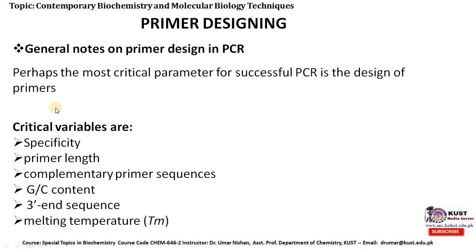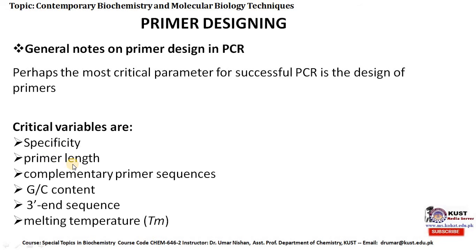This is very true, because if primer design is not according to the protocol, it can lead to the failure of the PCR reaction. So there are critical variables that have to be kept in mind. The primer needs to be specific to the sequences they are meant for.